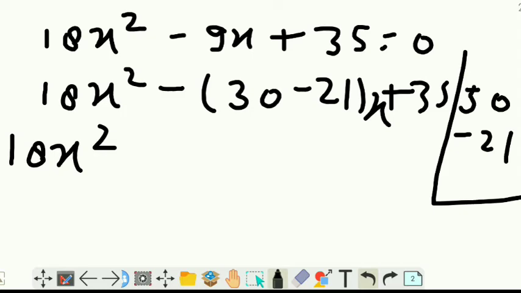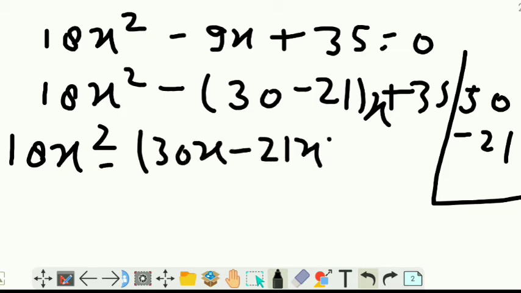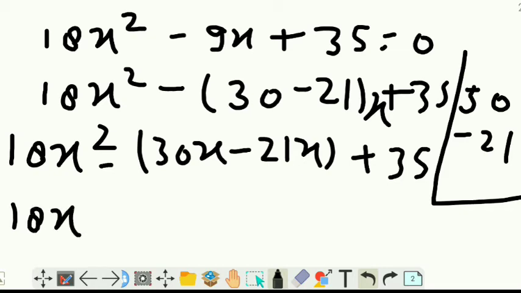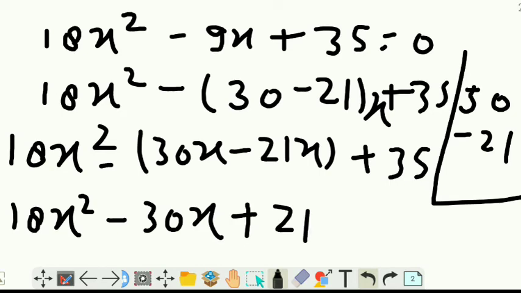So now the minus symbol and 30 into x is 30x, minus 21x plus 35. Now 18x square minus 30x, and minus minus plus 21x plus 35.